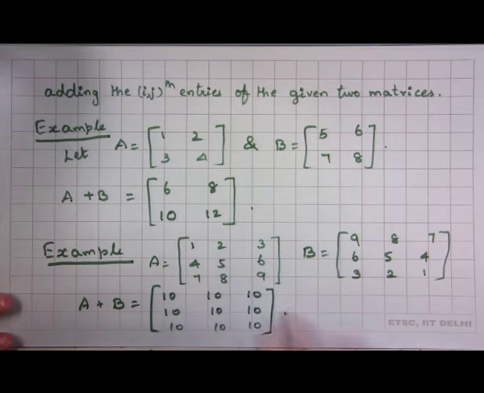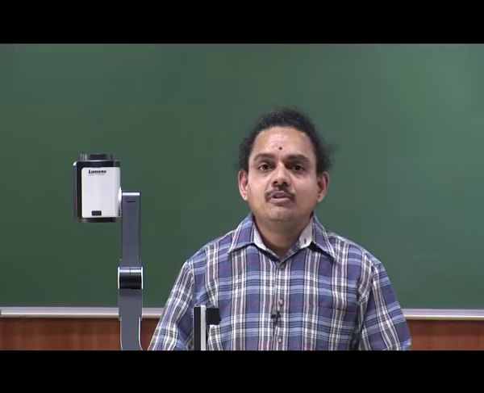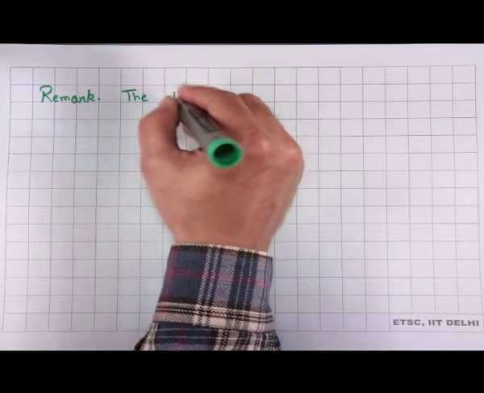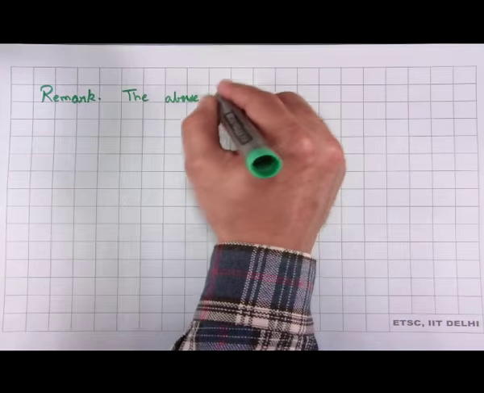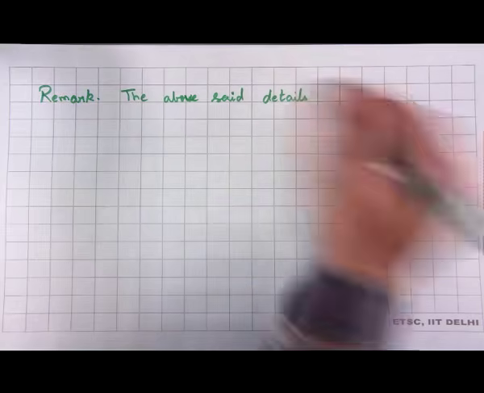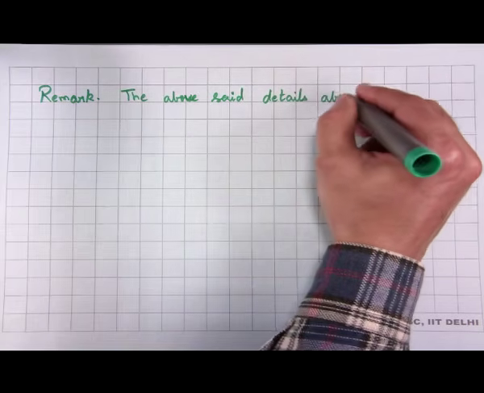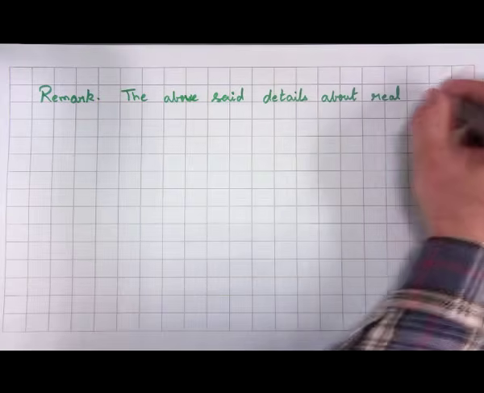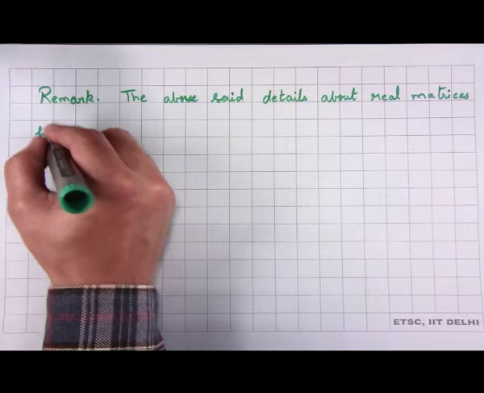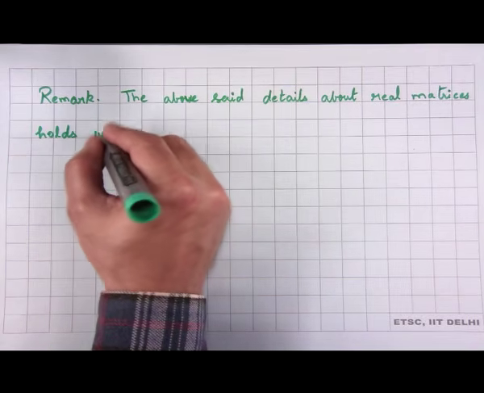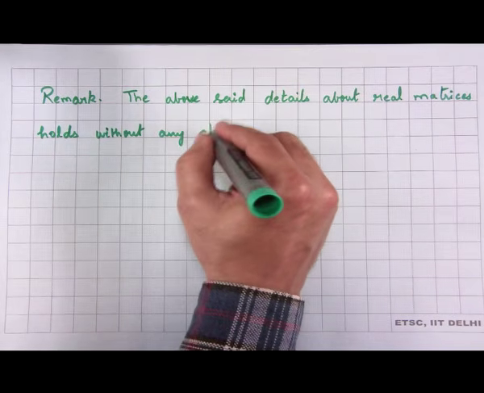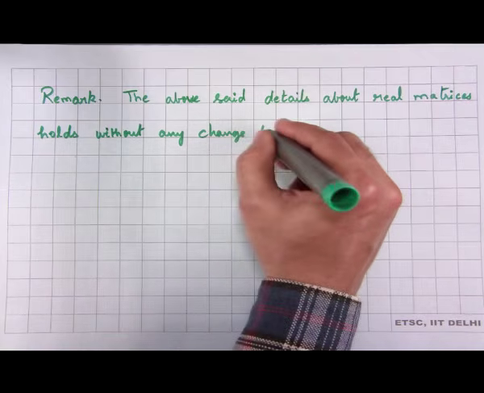Now, let us do some properties of addition. Before we proceed further, let us discuss a remark saying that the above said details about real matrices hold without any change for complex matrices.